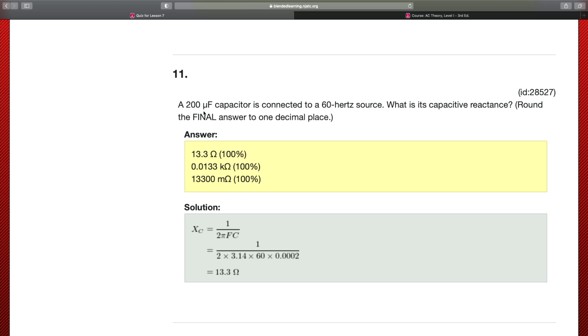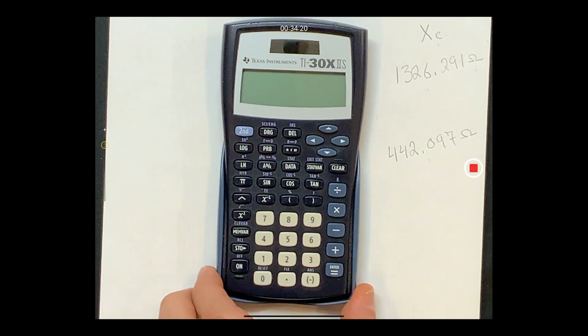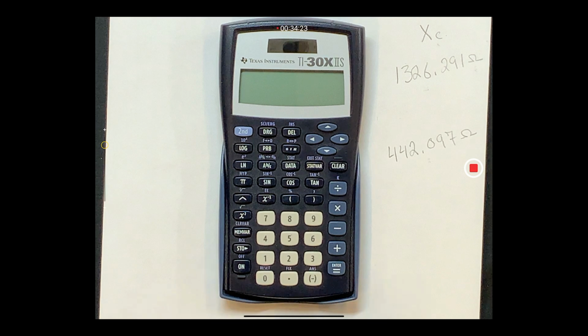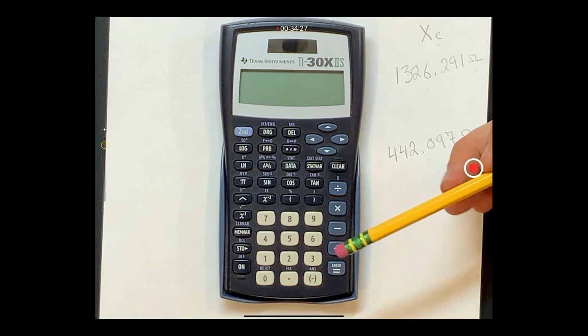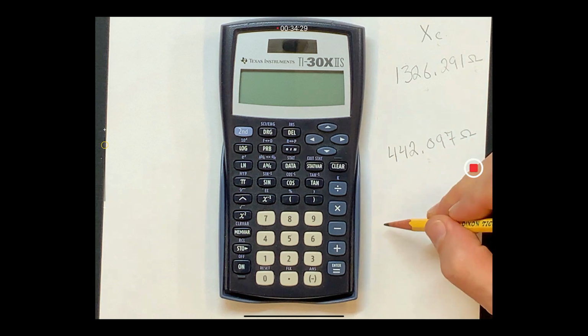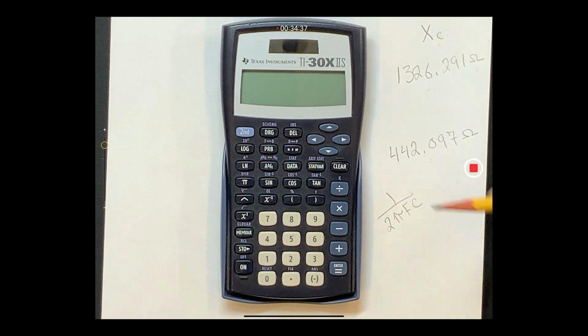But what I want to do with this is actually show you guys that we can calculate it with microfarads as long as you move your decimal place at the end of the problem. So the capacitive reactance again is going to be 1 over 2 pi FC.